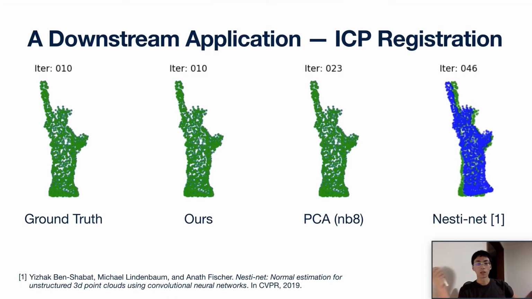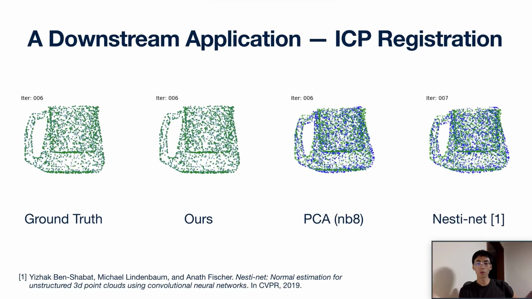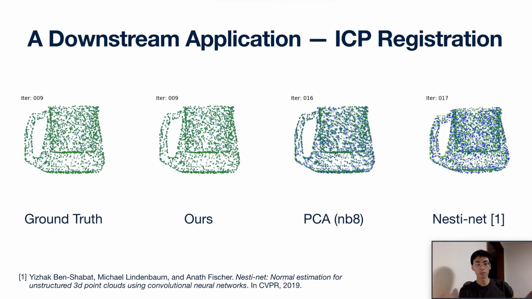Given 2 point clouds that are in different poses, ICP can be used to compute rotation and translation between them. Here we show a comparison of ICP convergence speed when we feed normals from different normal estimation methods.